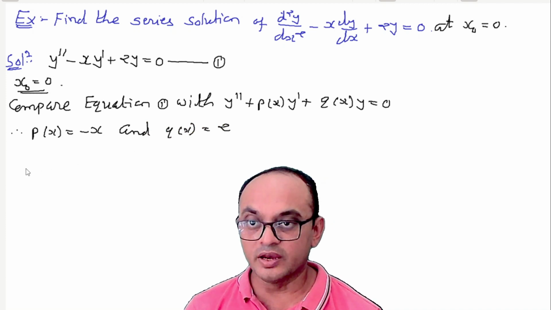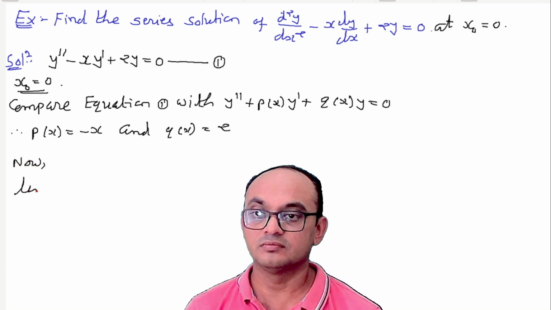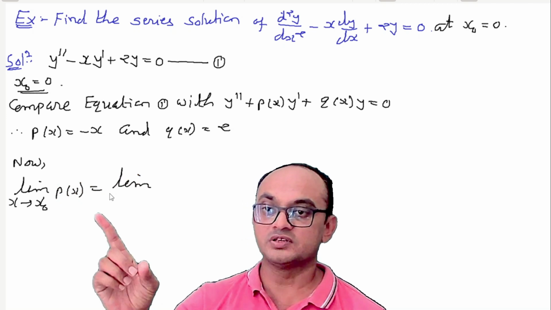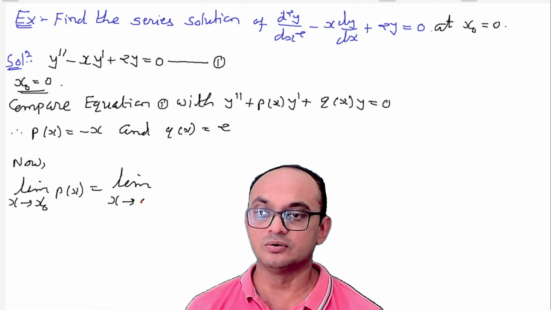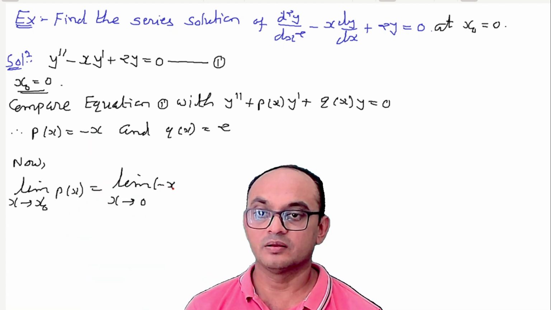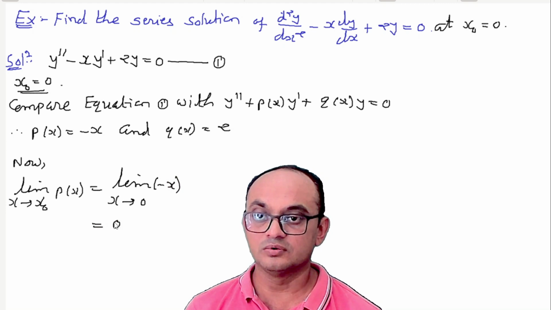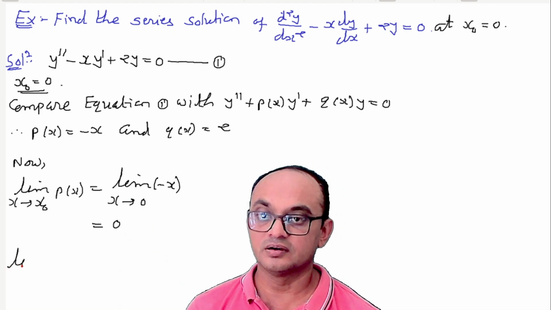For the singularity, what do I need to check? Limit x tends to x0 of p(x) is equal to limit x tends to 0, since x0 is fixed at 0. What is my p(x)? p(x) is minus x, so this is equal to 0. This limit exists. Now let us check what happens at x0 for q(x).